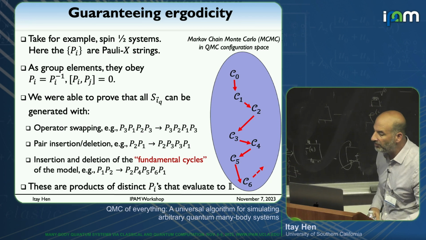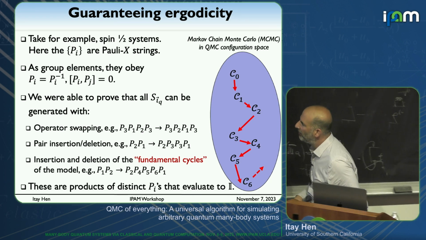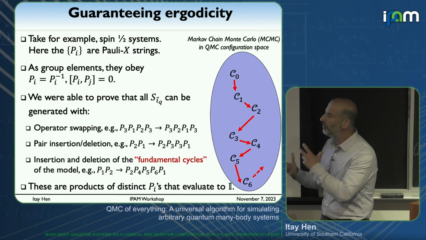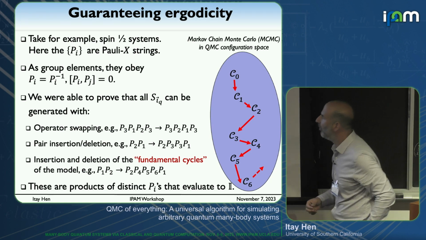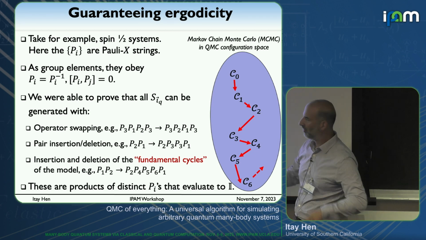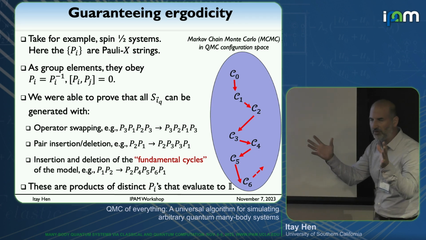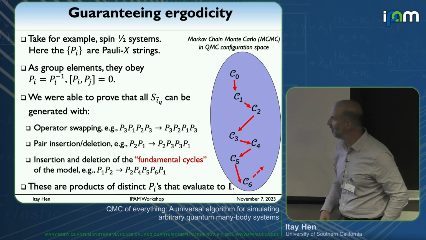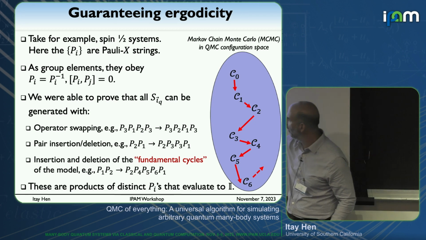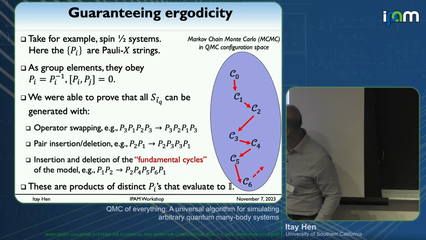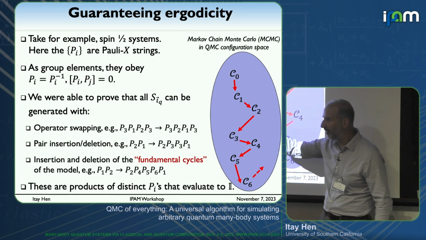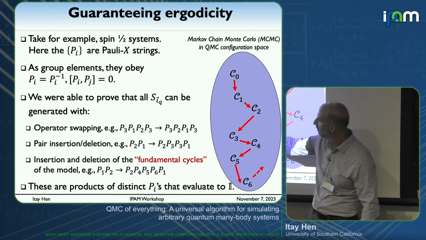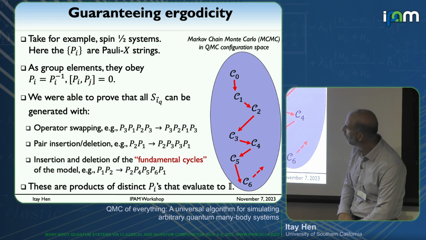And what we were able to prove, in fact, is that to jump from one product of P's to another, all you have to do is start with a random configuration and then apply either operator swap. So if this is one of the products of P's, you take one of the pairs, P1 and P2, and you swap them to P2, P1.